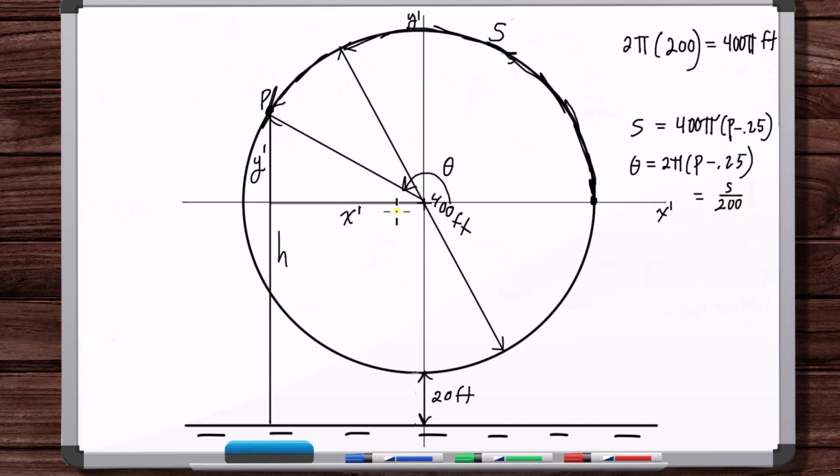Now you might be thinking that the next step is we need to get this reference angle. But actually, no, we don't. It would be better to just go ahead and take the trig functions of this angle directly. Why is that? Because if we do that, then we'll get the correct sign of y prime.